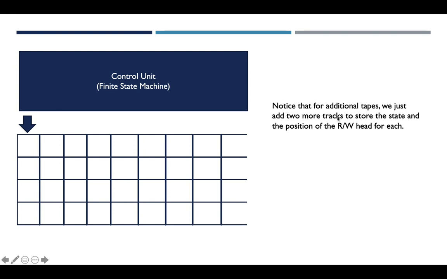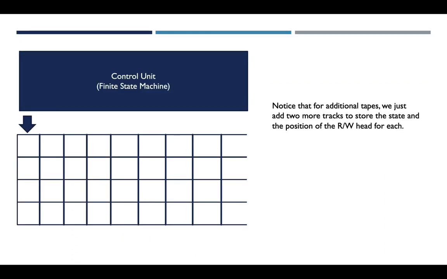And as I said, it doesn't actually matter how many tapes you have. If you have 500 tapes, you could have 1,000 tracks, and each of those 1,000 tracks would either track the state of the tape or the position of the independent read-write head as it reads that independent tape.